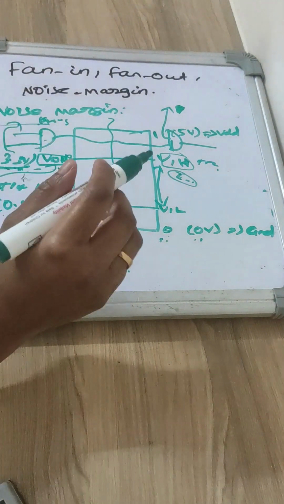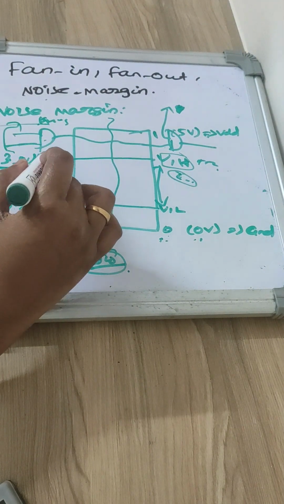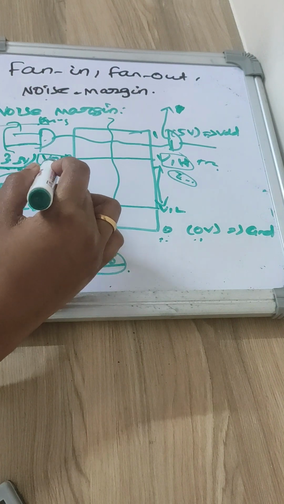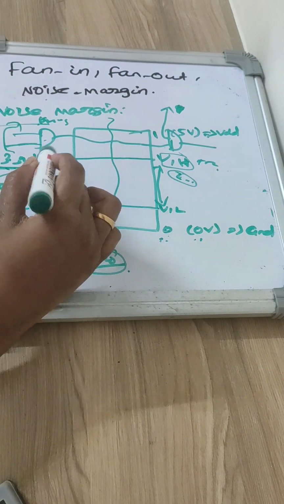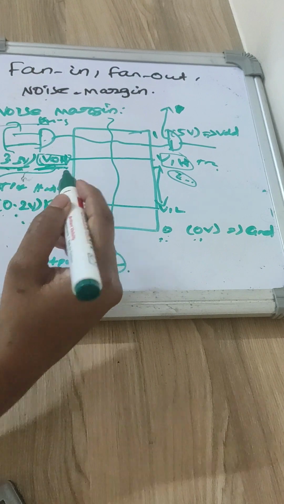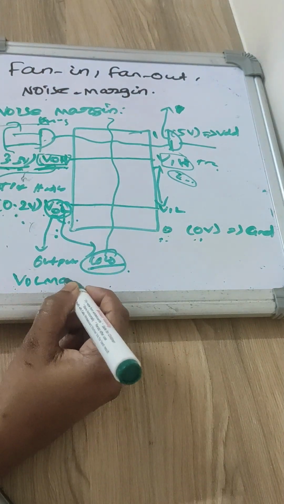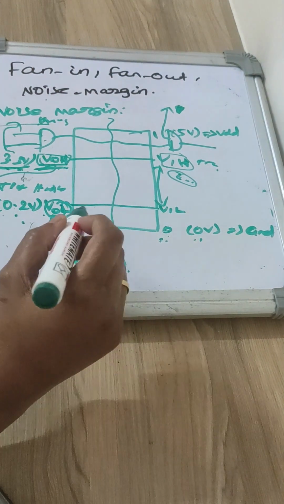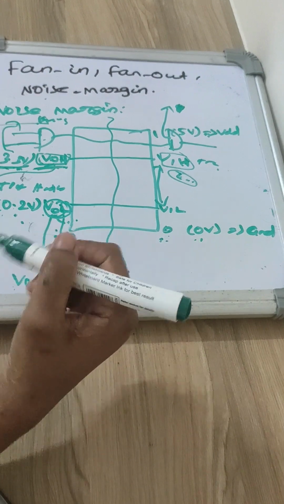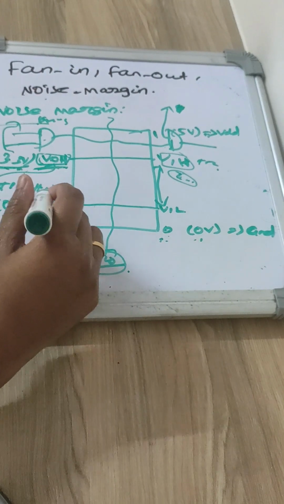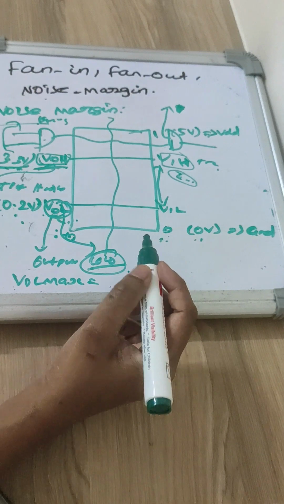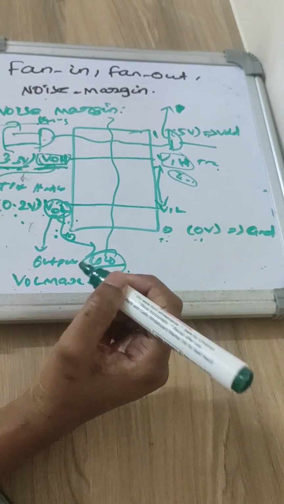You got it now. In the case of output low, I call it VOL max. Why max? Because 0 is my minimum value. I can give 0 to 0.2 to make my output low.